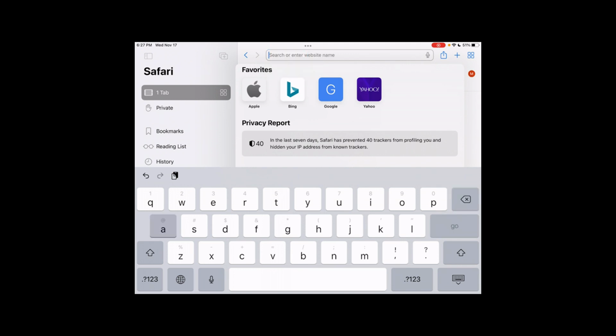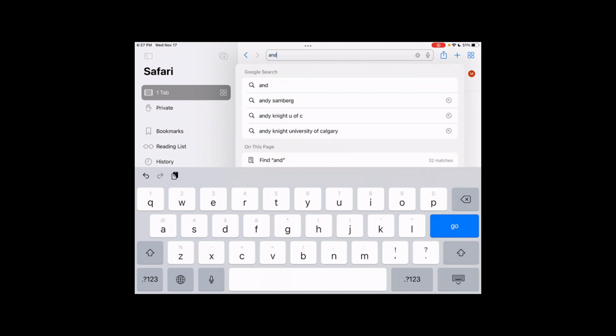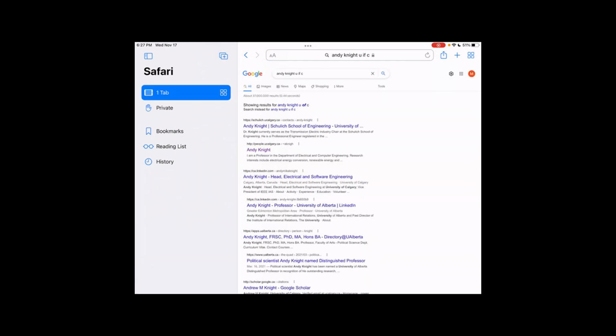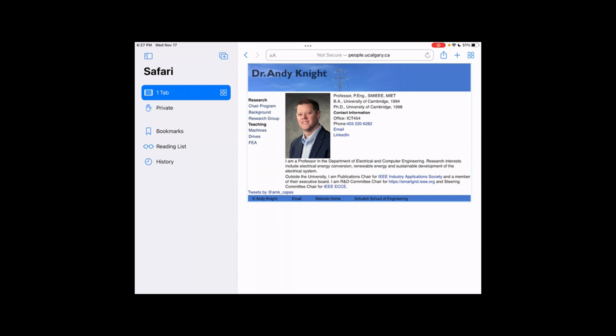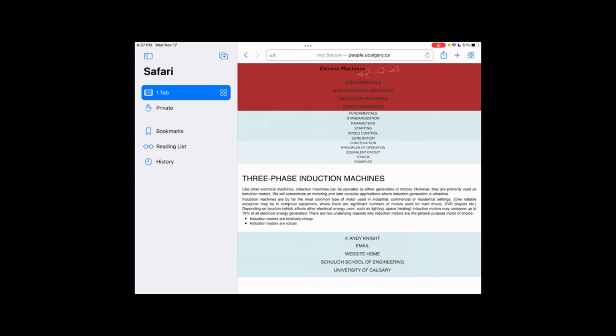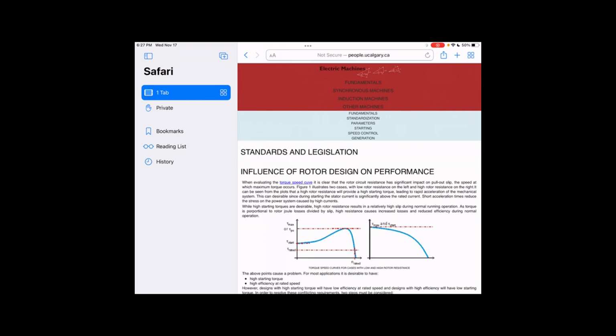You can go to Google and type UofC, go to Dr. Andy Knight's personal website, go to machines, and from it pick induction machines, and go to the induction machine standardization.